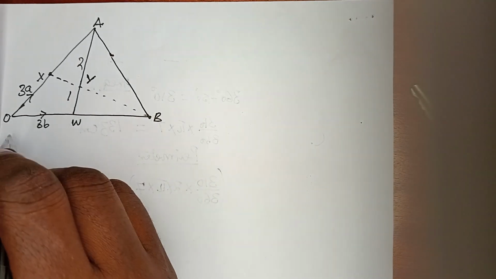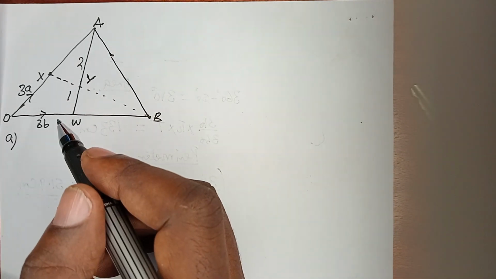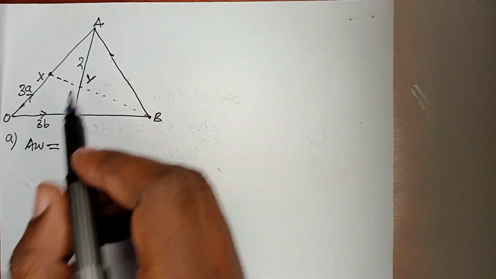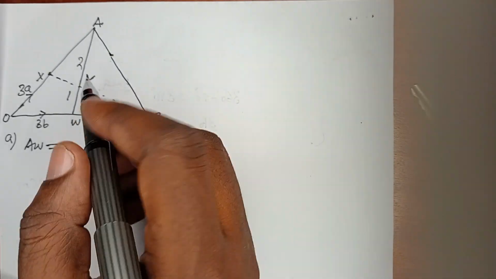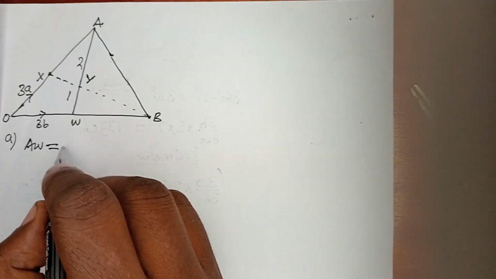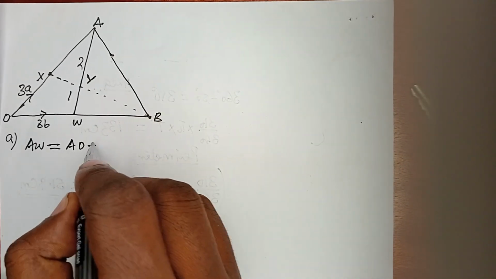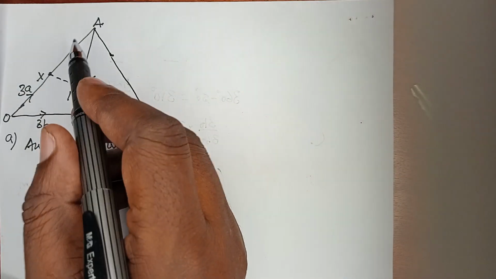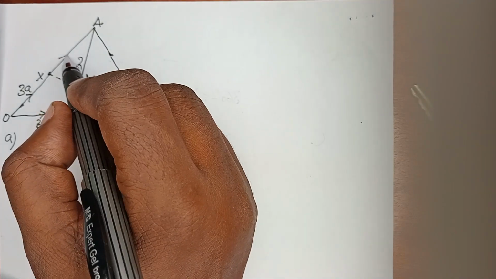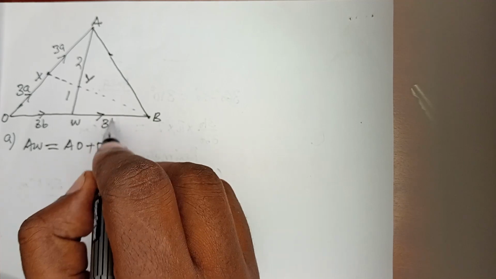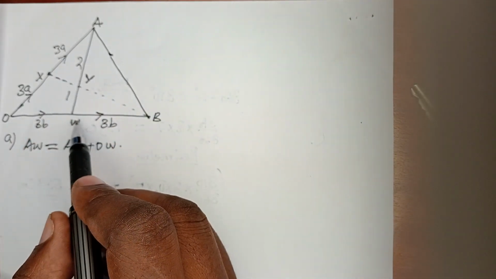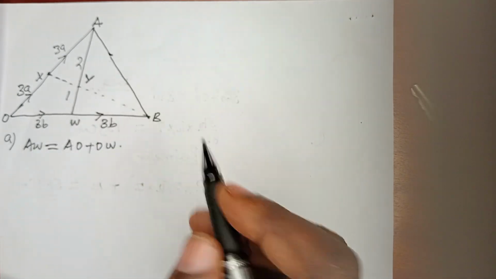Now, first question, part A, we are told to express AW in terms of A and B. AW is just AO plus OW, and AO is minus 6A, because this vector is 3A, and this one is 3B, simply because X is the midpoint, so 3A, 3A, W is the midpoint here, so 3B, 3B.